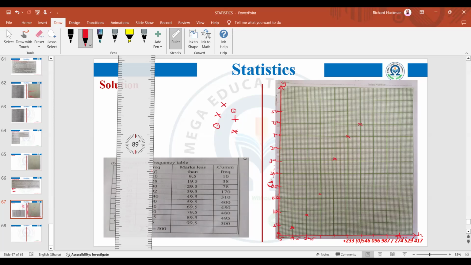The next one, 480. So that will be somewhere. This will be 475, so 480 will be a little bit above, 5 more, or 1 small box more. Then the next one will be 500, and that will be, oh, have I left a point? It seems I've left a point out.